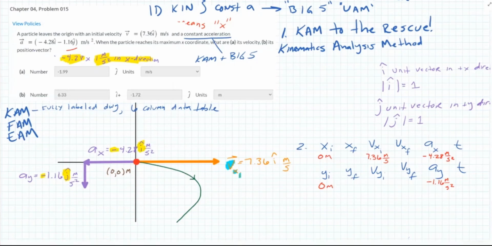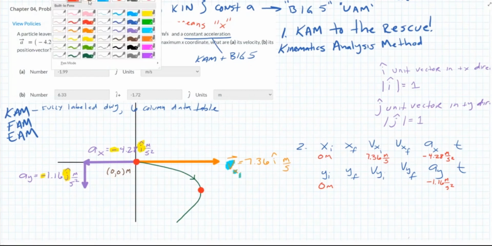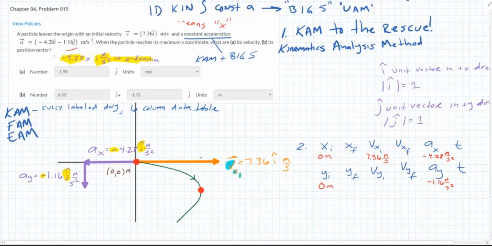So at some point, this particle is going to reach a maximum x coordinate right there. That's a maximum point. Whatever this x coordinate is, I'm going to call that final x.